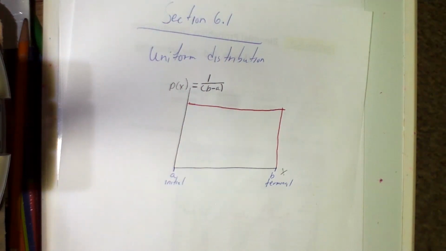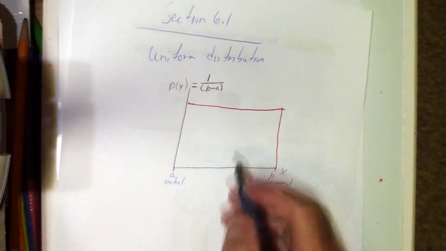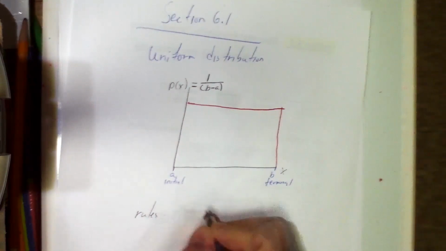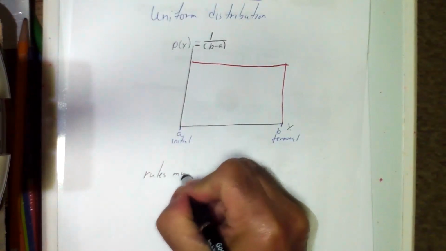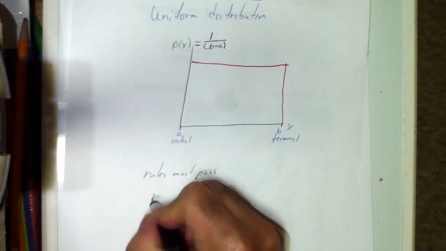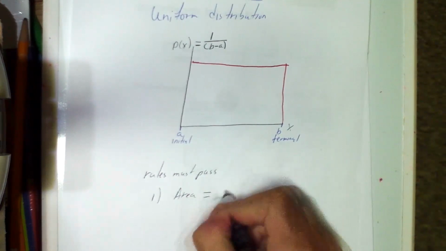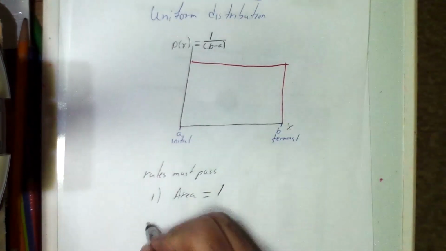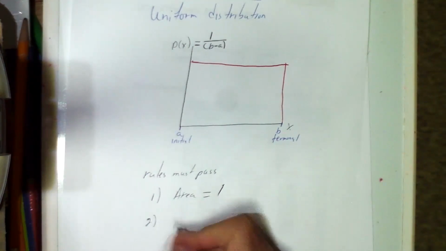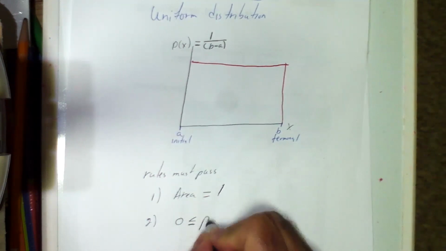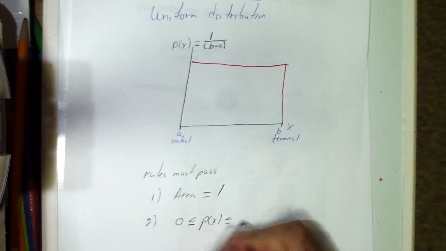As you recall, it had to fulfill the requirements for a probability distribution. So the area inside this rectangle has to be equal to 1. Here are the rules, must pass. Again, the area must equal 1, and the P of X value, written as a compound inequality, is 0 less than or equal to P of X less than or equal to 1.